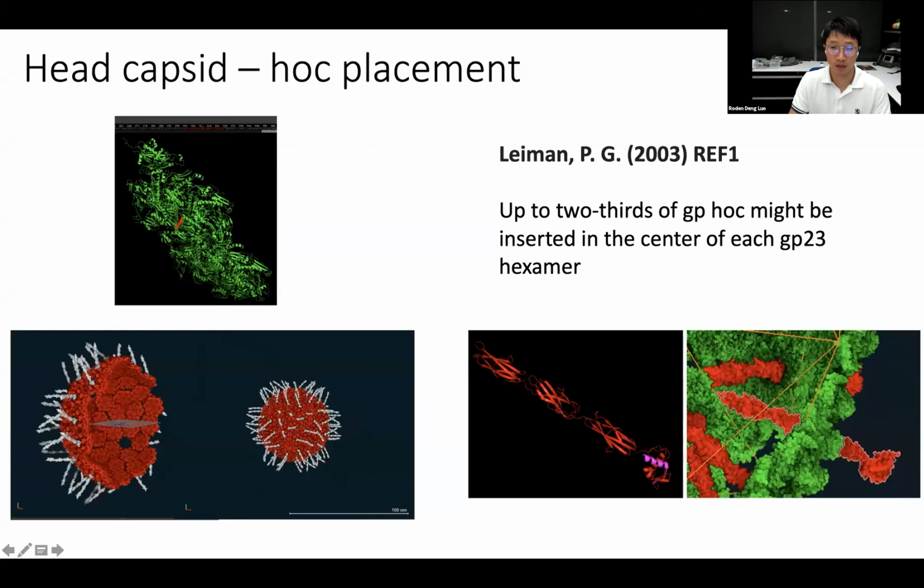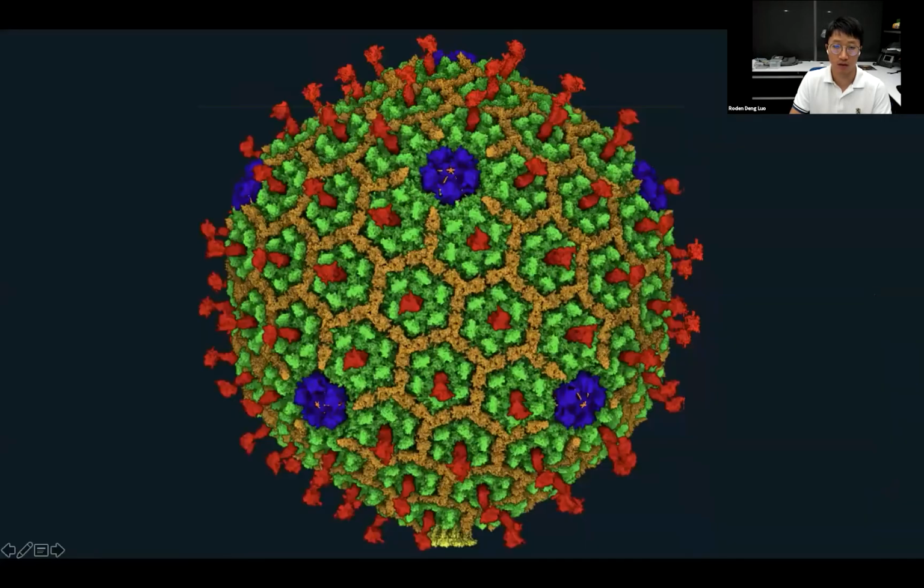So we then place the Hoc along the normal of the capsid, with 2/3 of it inside the capsid and the ball-like shape outside. So by now, we have the full head for the isometric T4.